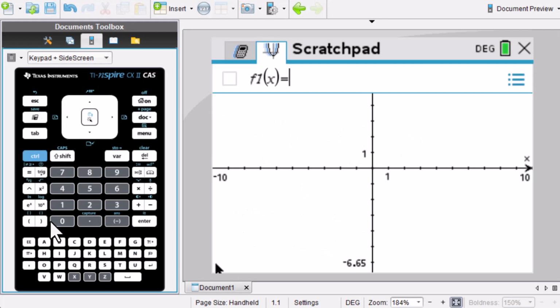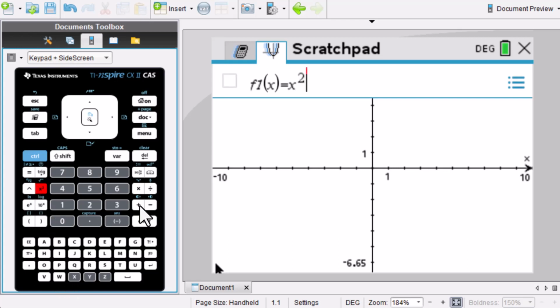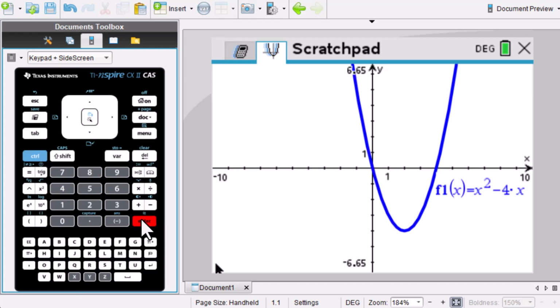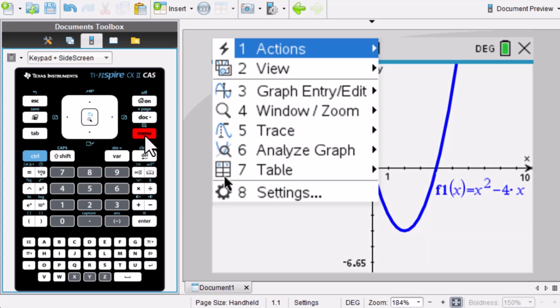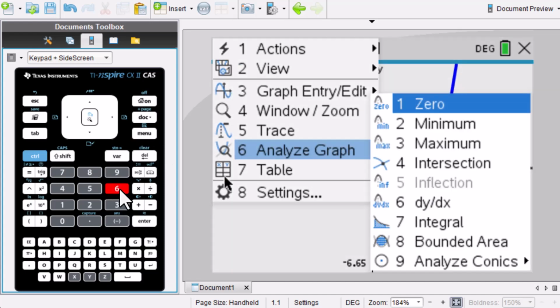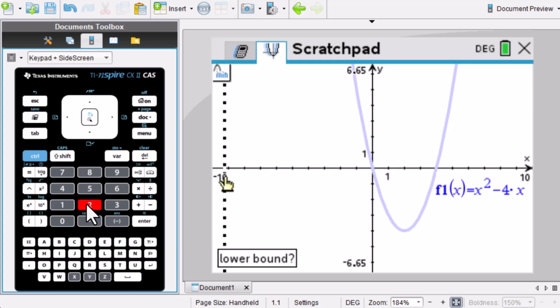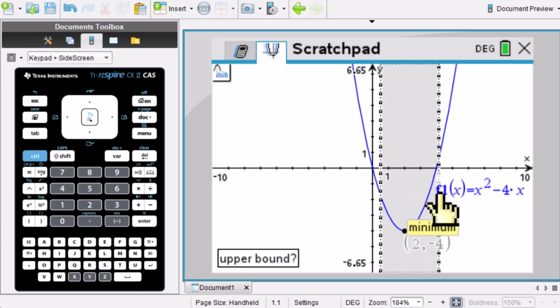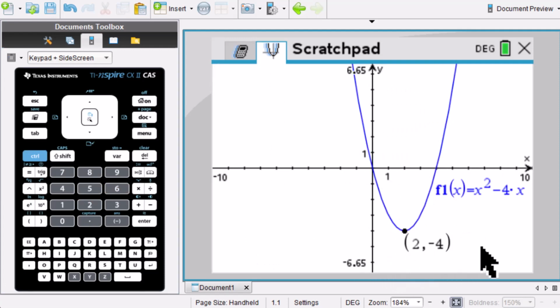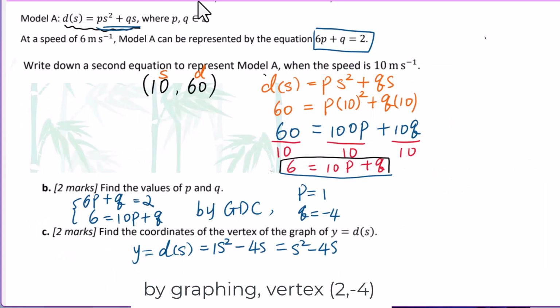Go to graph. x squared minus 4x, Enter. We need a vertex. Menu, analyze graph. This is a minimum, so go to 2. The vertex is (2, -4), by graphing.